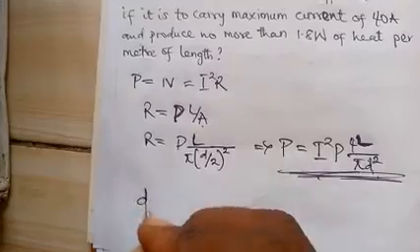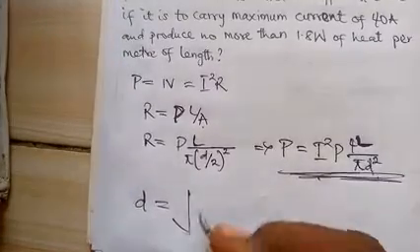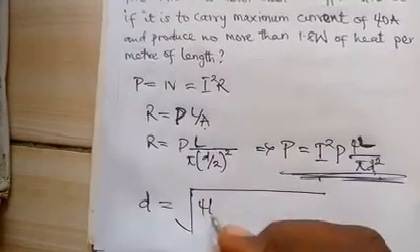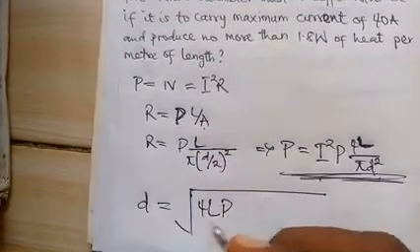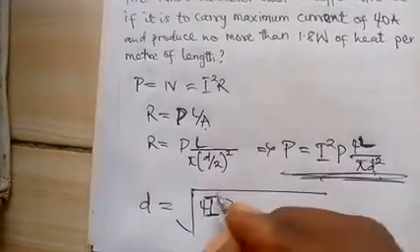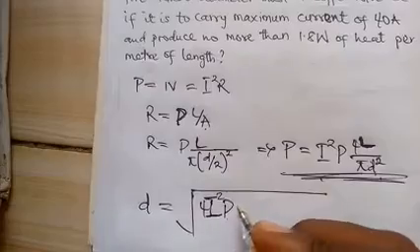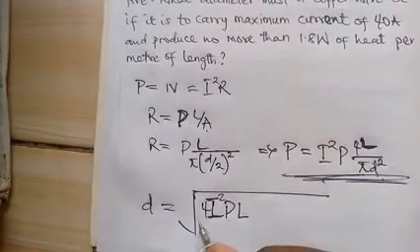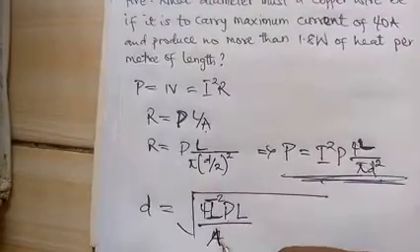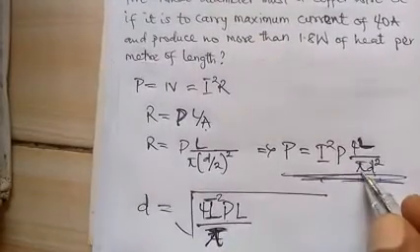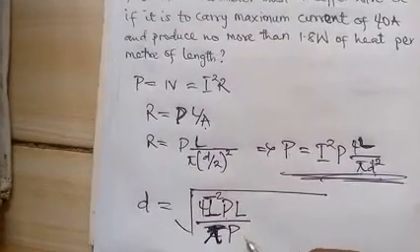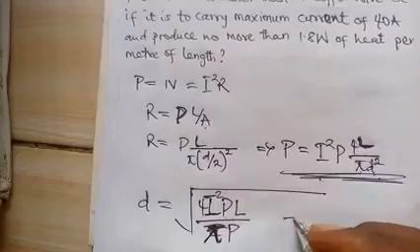So we have that d is equal to the square root of, let me put I first since I comes before L, 4 I squared rho L over pi P. So this will be the formula.